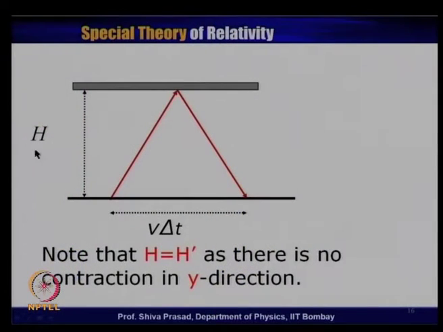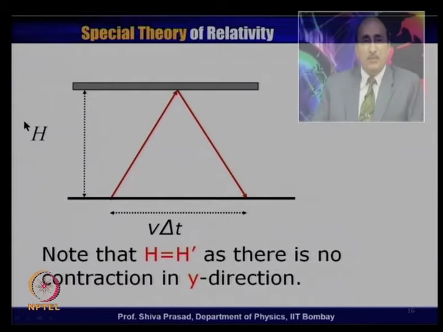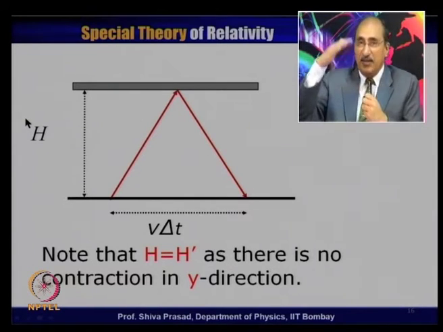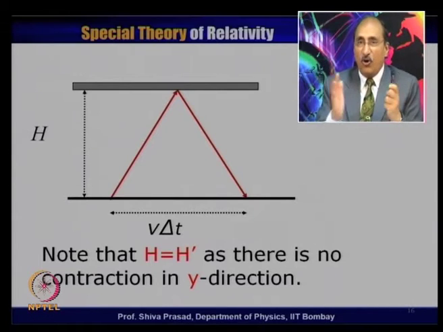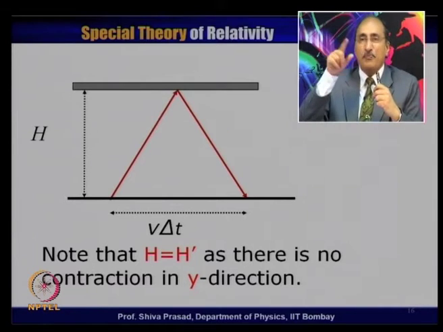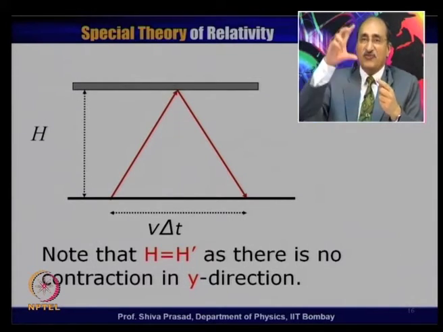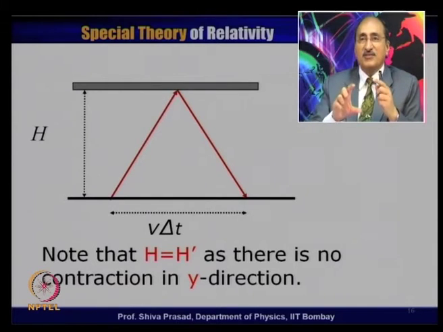Remember, this height h is going to be the same in the two frames S and S prime, because as we have discussed in one of the earlier examples, there is no change in the y component. The length contraction occurs only in the x component. As far as the y coordinate is concerned, y prime is always equal to y in Lorentz transformation. So, as far as going up and going down is concerned, the heights are seen to be the same.